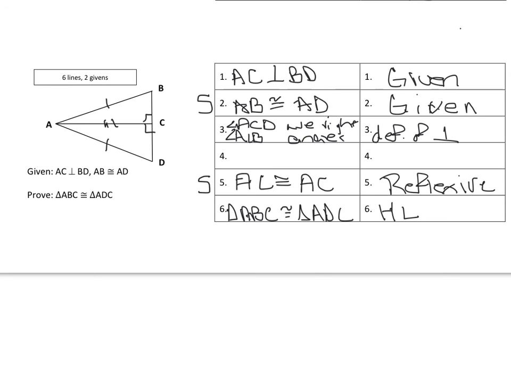Let's rewrite that. Give me just a second, guys. Okay, so that tells me that triangle ACD and triangle ACB are right triangles.